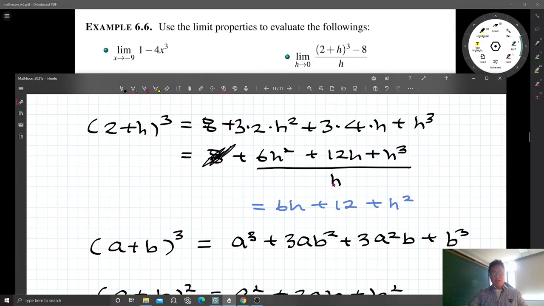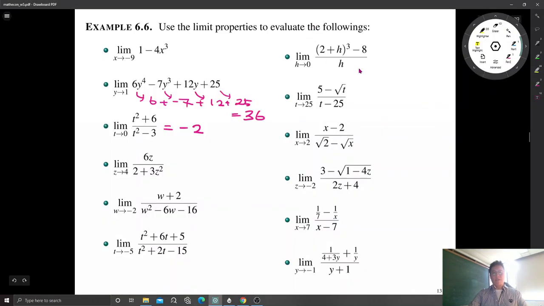After dividing by h, 6h squared becomes 6h, 12h becomes 12, and h cubed becomes h squared. We just take one away from each power, so we get this expression. Now we take the limit as h goes to 0: 6h goes to 0, 12 is a constant, and h squared goes to 0, so we have just 12.